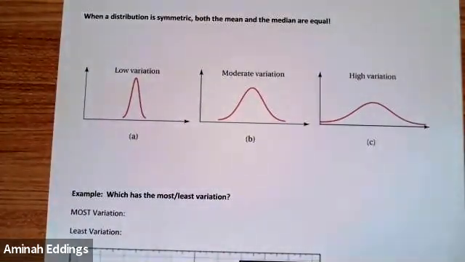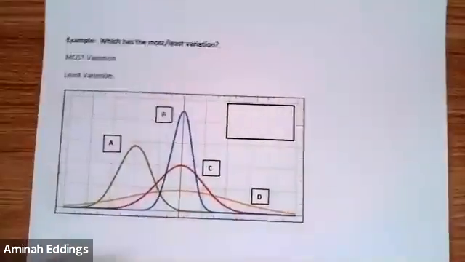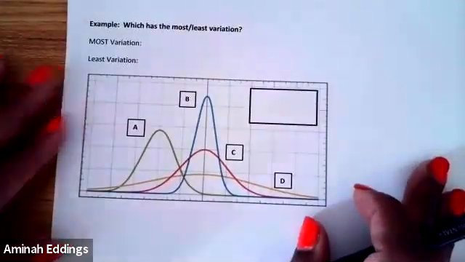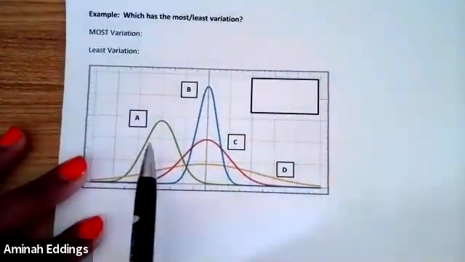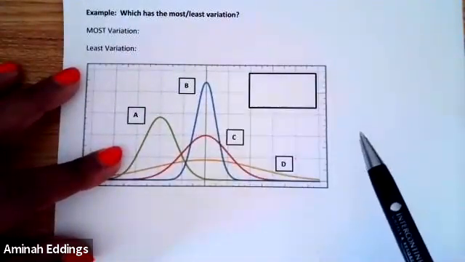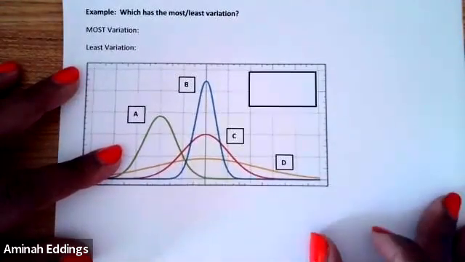So let's look at this example down here. It says, which has the most and least variation? A is in green, B is in blue, C is in red, and D is in yellow.